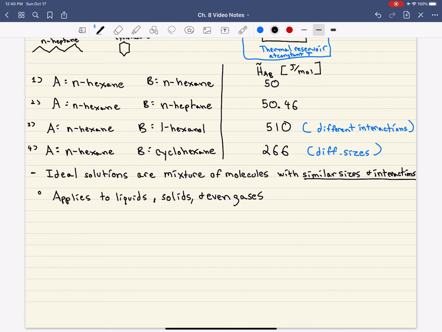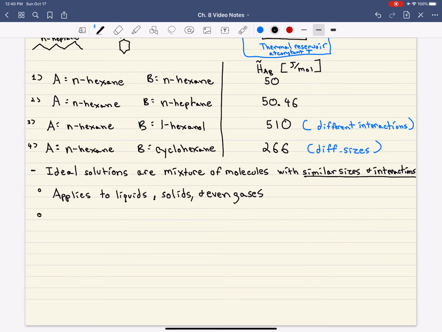At this point, I should also emphasize that an ideal solution is not the same as an ideal gas. Because remember, with an ideal gas, the inherent assumptions there are that the molecules don't interact with one another, and that the molecules also have no size.